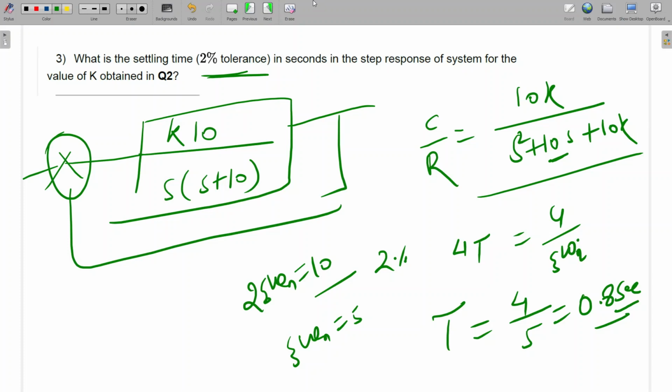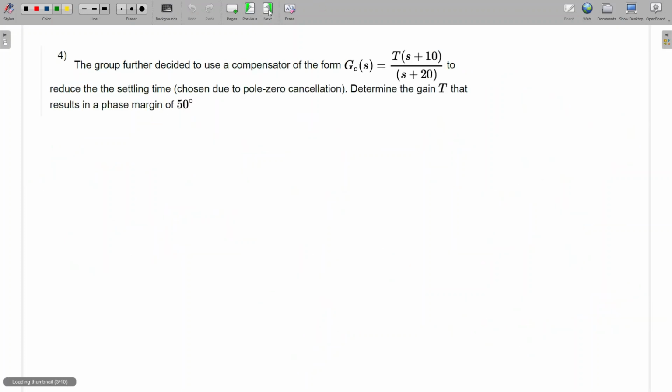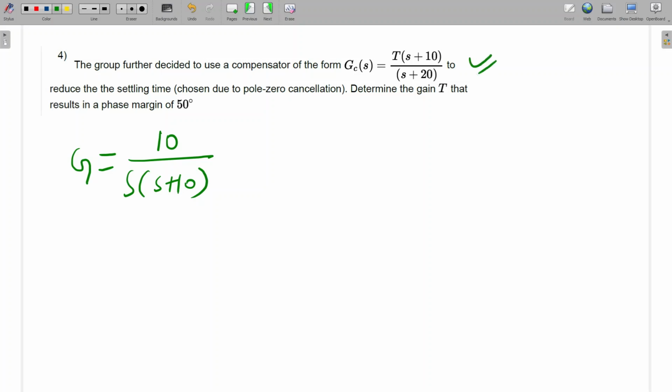Okay. So same question, what we are doing is adding some other type of compensator, so this pole will cancel. Our actual plant transfer function was 10 divided by S into S plus 10. That was G. But some other compensator we are using to cancel out the pole, such that the phase margin will be 50 degree only.